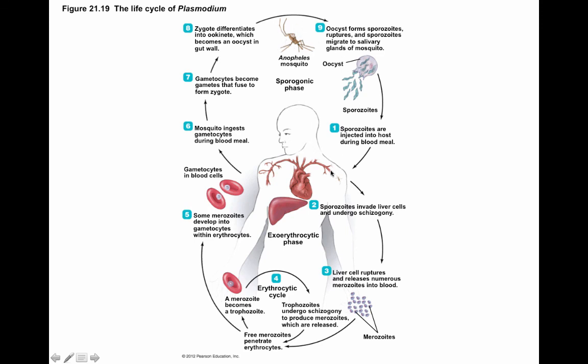When the mosquito bites, it injects the parasites into the bloodstream. They go to the liver first and invade the liver cells and reproduce there and undergo metamorphosis where they're released. And then they start invading the blood cells, and they reproduce and undergo metamorphosis in the blood cells. So they're in the bloodstream. This is definitely systemic.